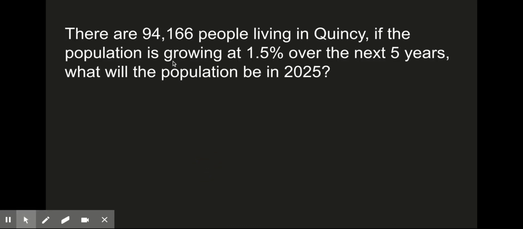So here's a great one. This is us, right? 94,166 people living in Quincy. I might have made this problem my first year teaching, so I don't know how accurate that is. But if we assume that the population grows at 1.5% over the next 5 years, what will the population be in 2025?